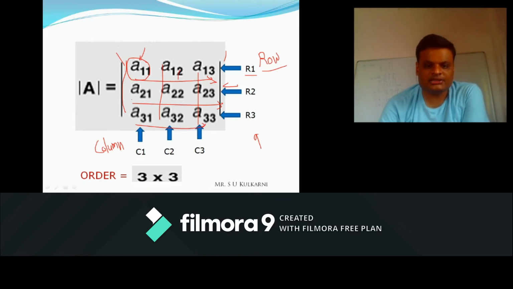The second horizontal line is the second row, therefore it is called R2, and the third horizontal line is the third row, therefore it is called R3.